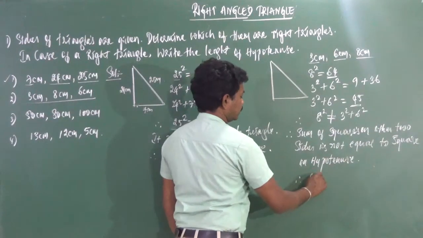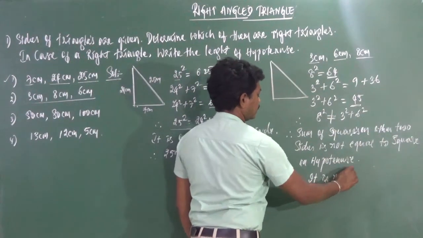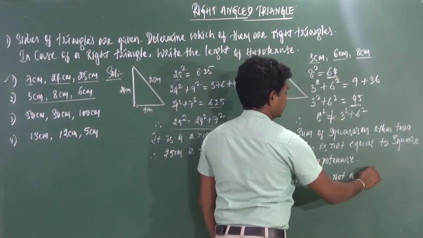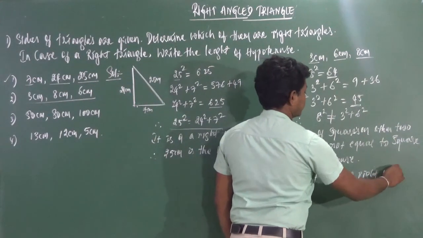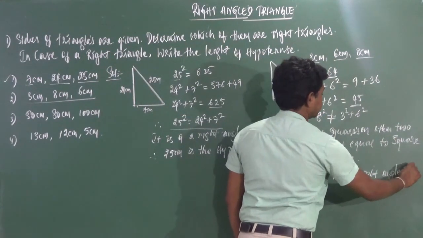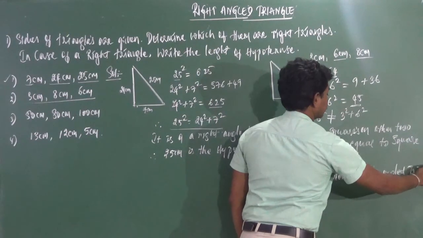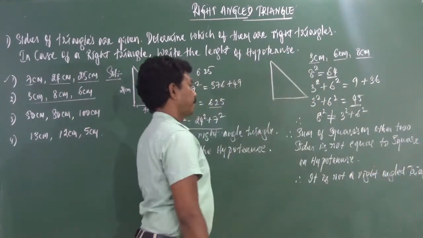Therefore it is not a right angled triangle. So this is how we have to conclude. Very simple, right?